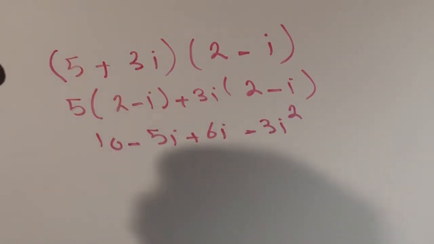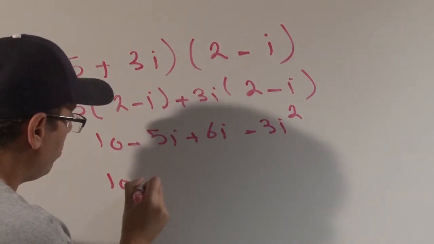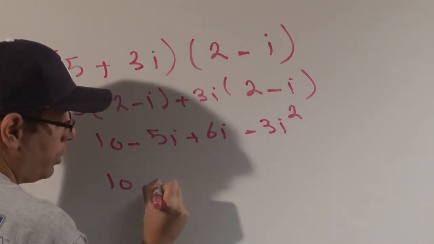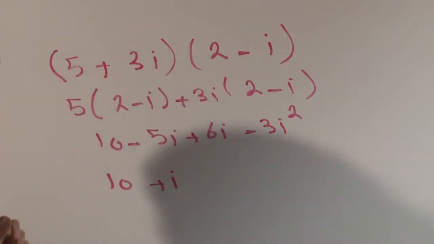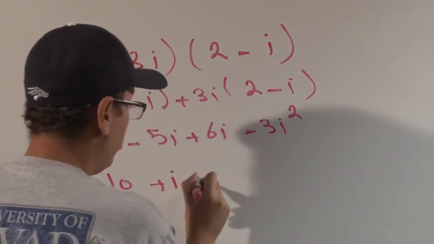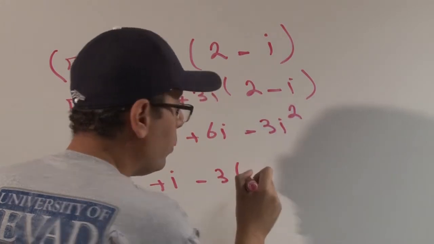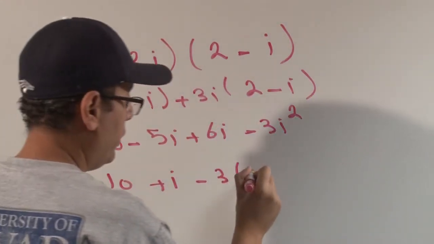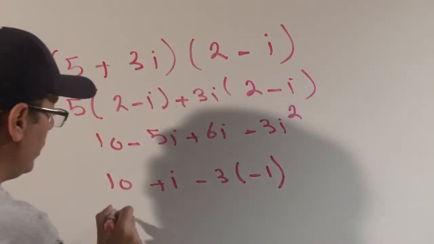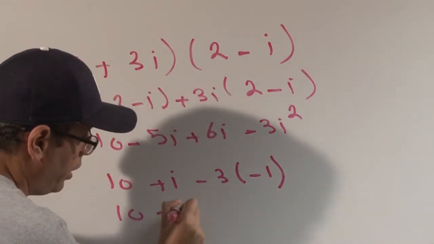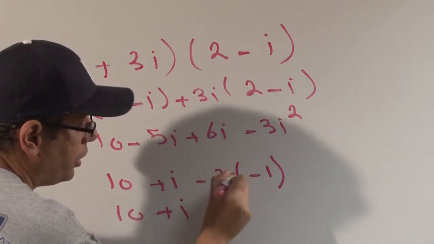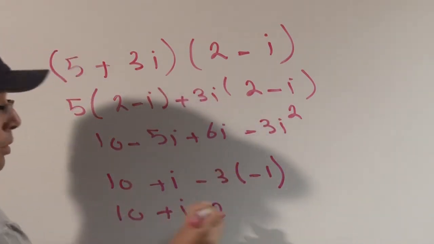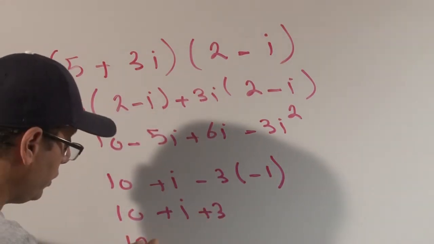Okay? Minus 5 plus 6 is plus i, right? And minus 3, what is the value of i squared? It's negative 1. So 10 plus i minus 3 times negative 1 is plus 3. And 10 plus 3 is 13 plus i.